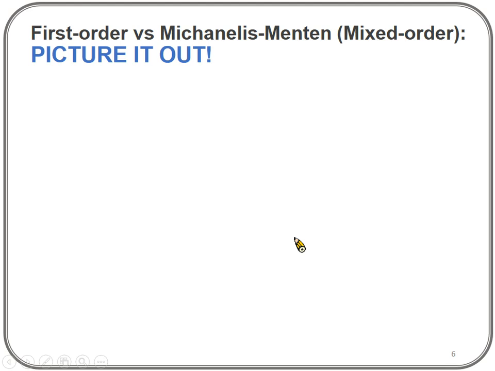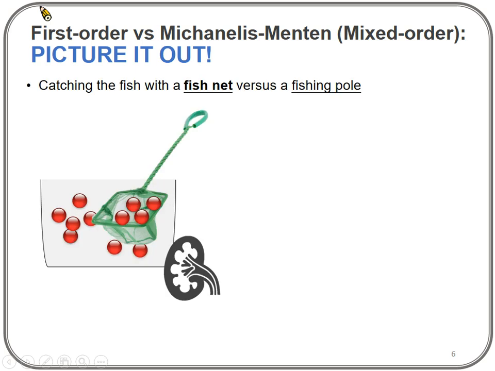So let's do another picture to contrast first order with Michaelis-Menten, or mixed order. So imagine, for the world of first order medications, the elimination of a drug, the clearance function in the kidney, could be pictured as a fishnet versus a fishing pole.